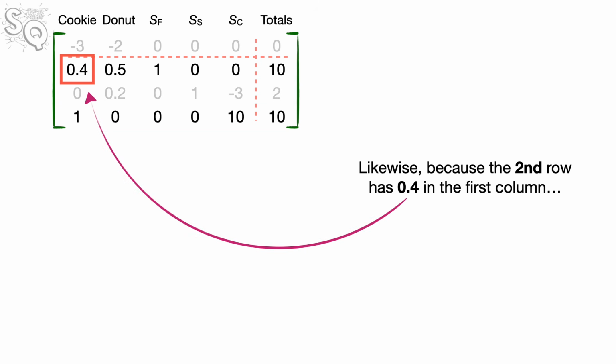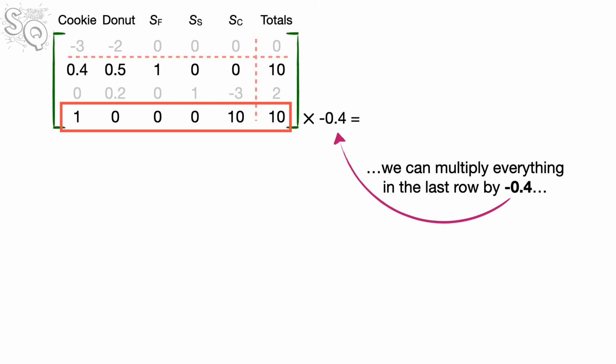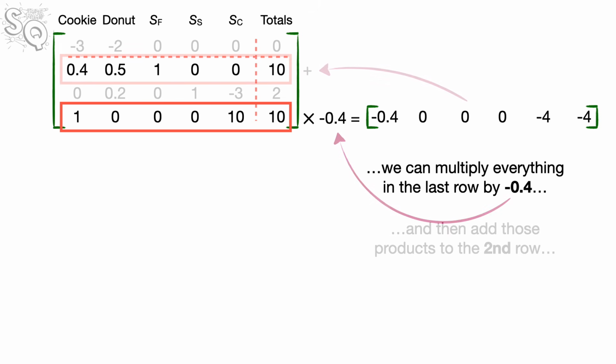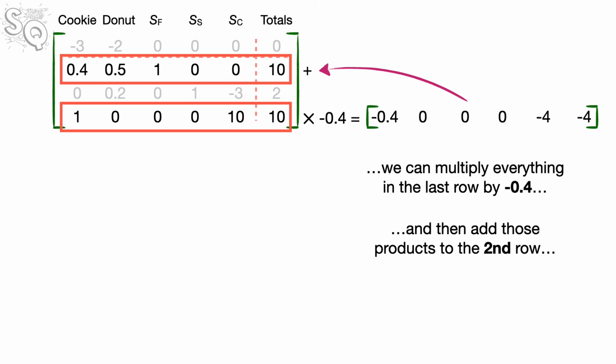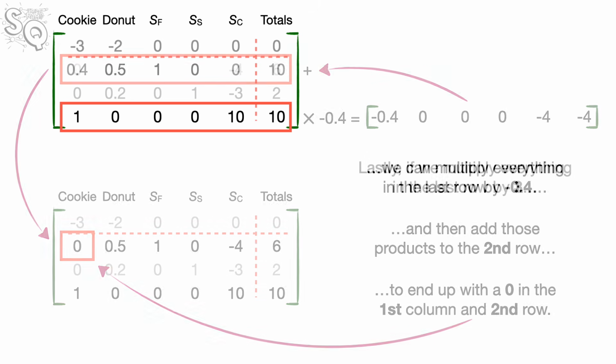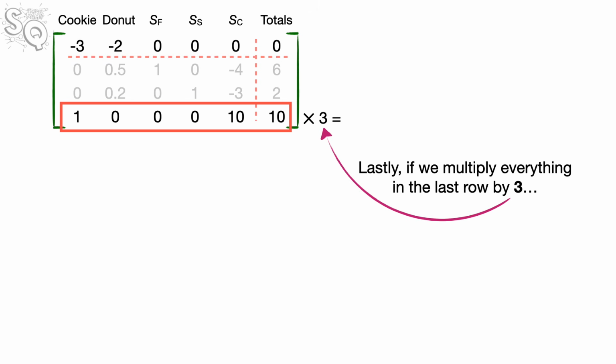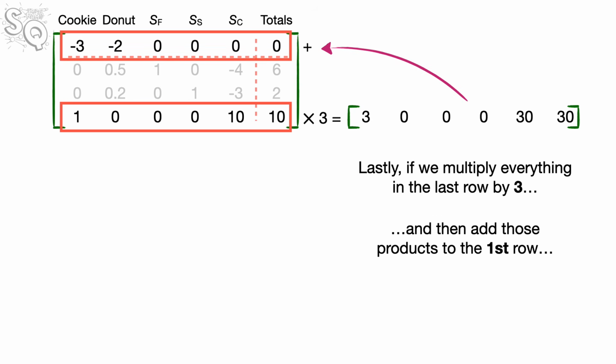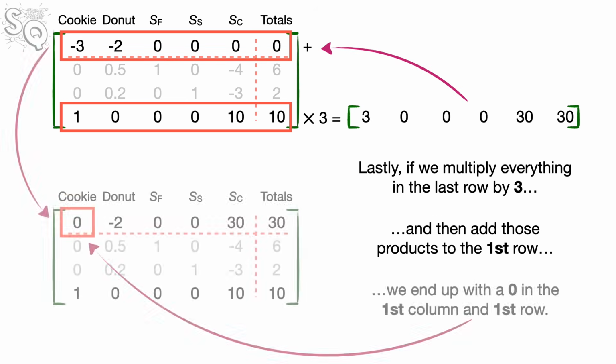Likewise, because the second row has 0.4 in the first column, we can multiply everything in the last row by negative 0.4, and then add those products to the second row, to end up with a 0 in the first column and second row. Lastly, if we multiply everything in the last row by 3, and then add those products to the first row, we end up with a 0 in the first column and first row.